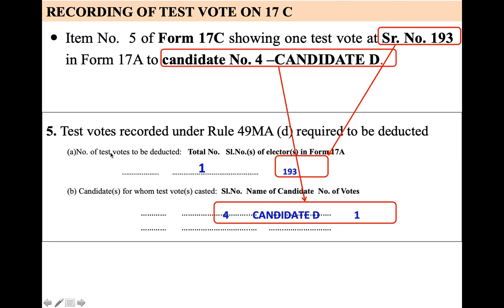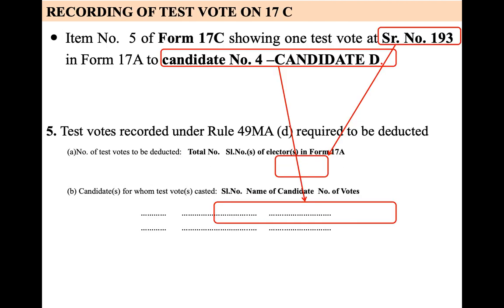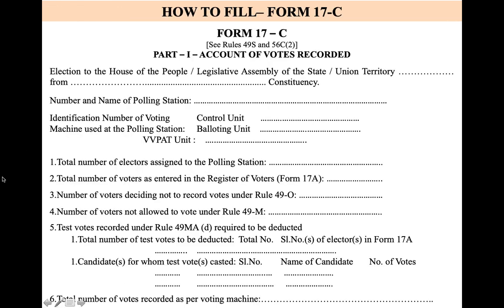We are only showing the fifth point that we are discussing. Let me first show you once more. Let's get back to the original form. This is the one we are discussing: test votes recorded under Rule 49MA.